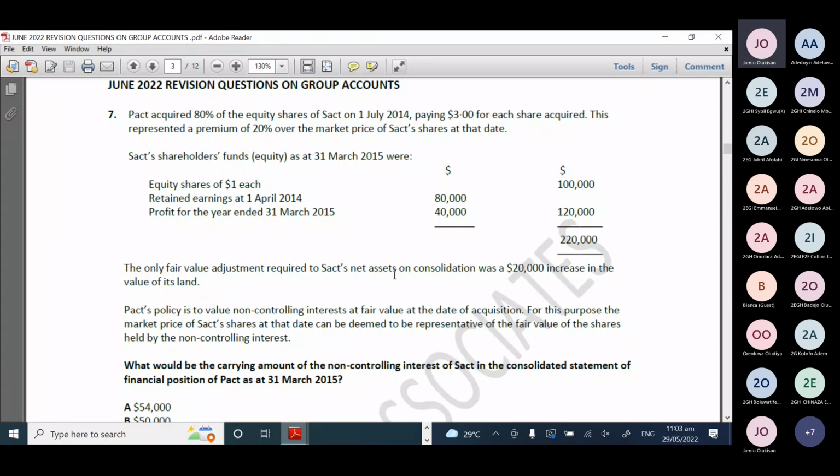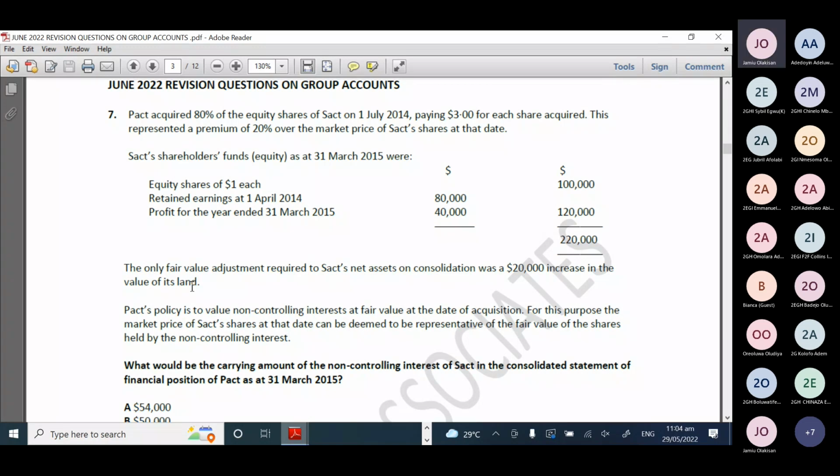They said there is a fair value adjustment, just like we had in the other question. But for this one, they say it's attributable to what? Land. Do we depreciate land? The answer is no. So there is nothing like additional depreciation, unlike what we saw in the other question.